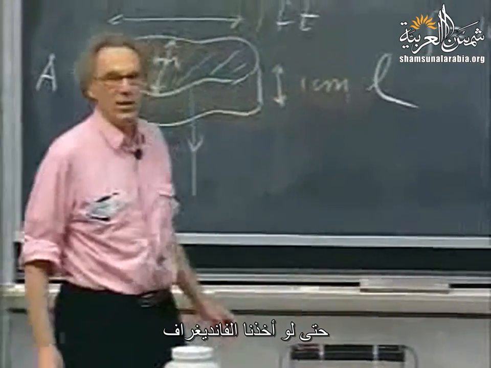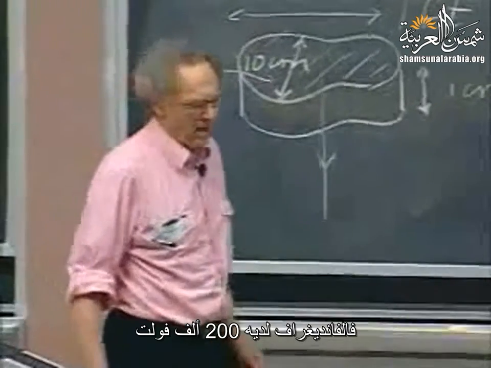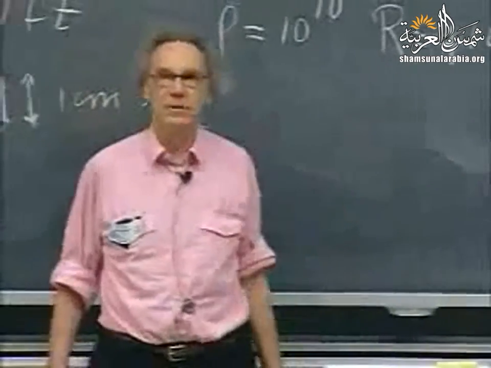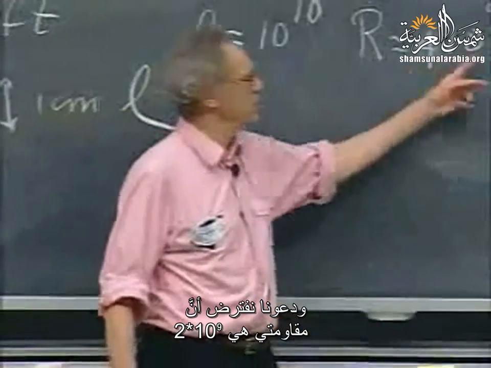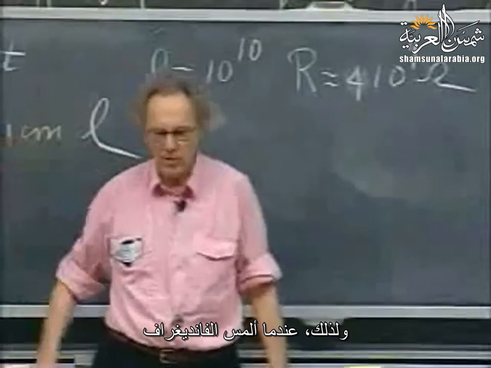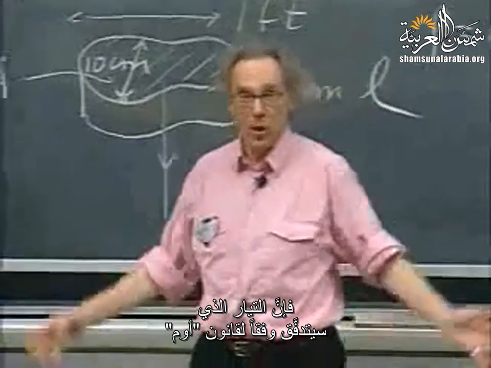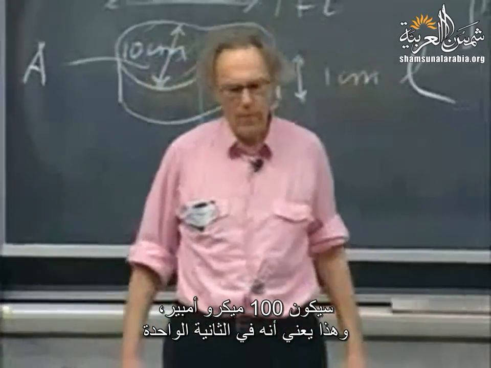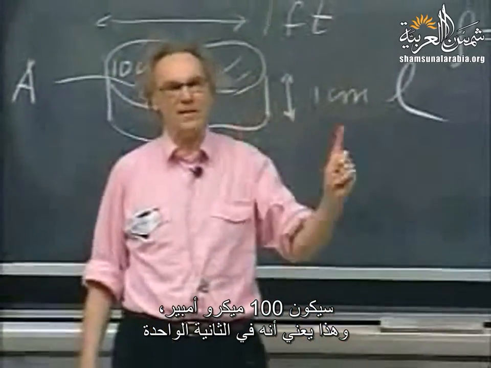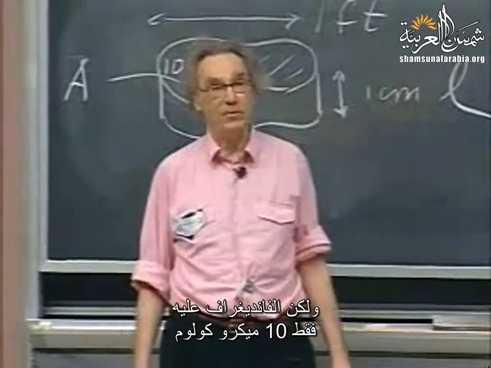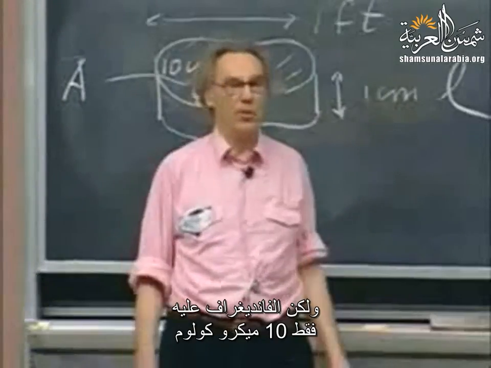Even if you take the Van de Graaff, say, it has 200,000 volts. And let's assume that my resistance is 2 times 10 to the 9 ohms, 2 feet on the ground. So when I touch the Van de Graaff, the current that would flow, according to Ohm's law, would be 100 microamperes. That means in 1 second, I can take 100 microcoulomb off the Van de Graaff, but the Van de Graaff has only 10 microcoulomb on it.